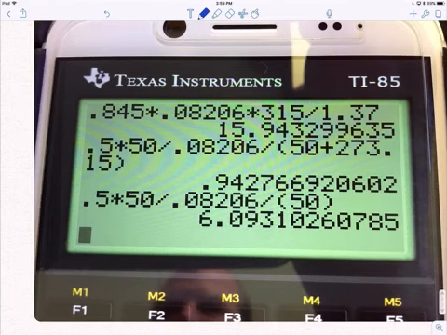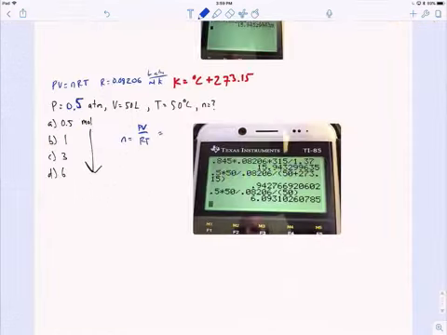So when you do the ideal gas laws, you have to use the Kelvin temperature. So it's B, because the answer down there, the 6 moles, is by using Celsius instead of Kelvin. You fell for it. So don't ever fall for it again.